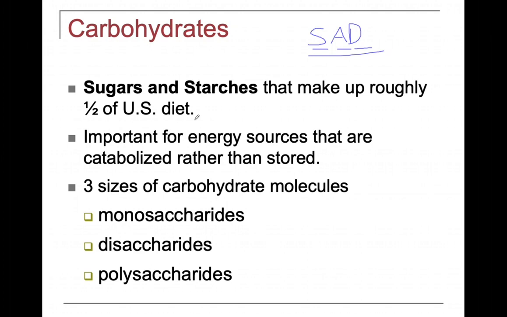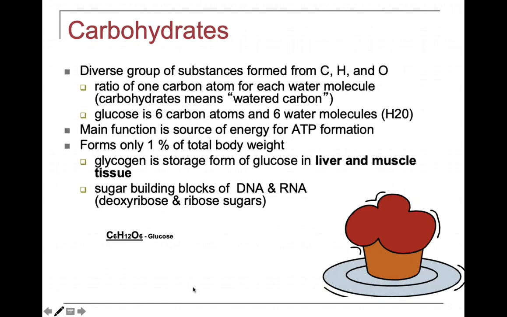But carbs are an important source of energy for the human body, and they come in three different sizes. There are monosaccharides, which are the smallest, disaccharides, a little bit bigger, and polysaccharides, the biggest. Carbs are a diverse group of substances formed by carbon, hydrogen, and oxygen.